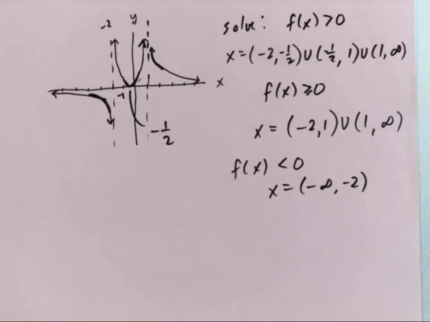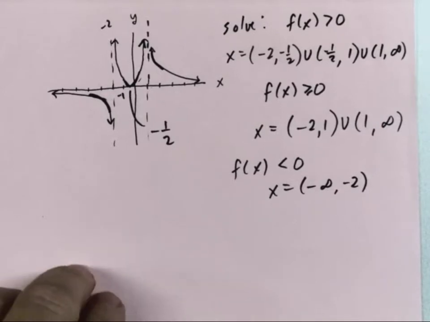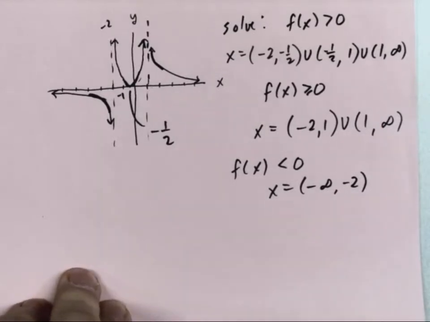So if you're ever asked to solve an inequality where you're given the graph, it's pretty simple. It's the easiest kind of problem you're going to get with solving these inequalities. Because now we're going to go back and start looking at solving inequalities, not given a graph, but given an expression. And there can be a fair amount of work involved in solving these kinds of problems.